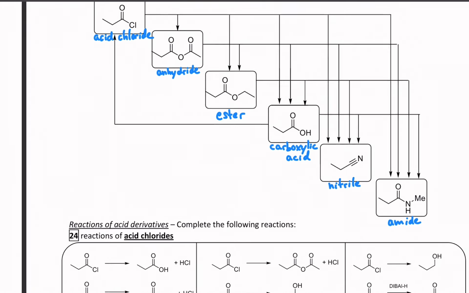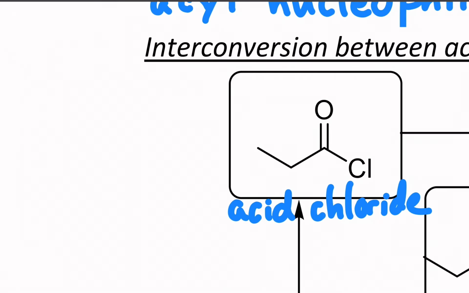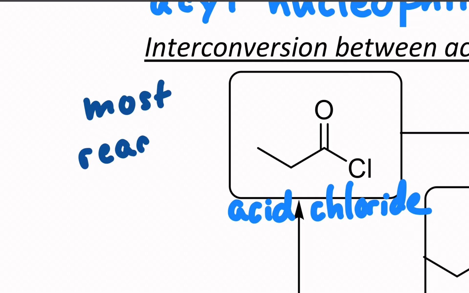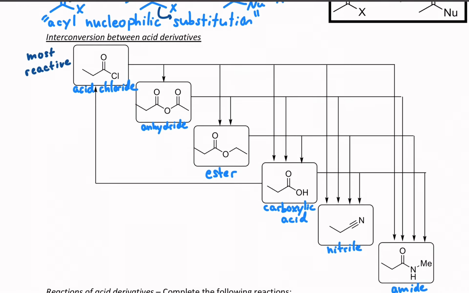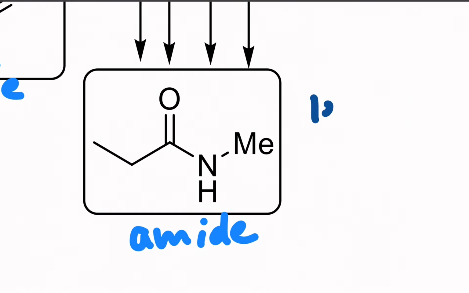So they're listed in this way to show two things. Number one, the fact that the most reactive one is all the way at the top. For the most part, acid chlorides are more reactive than any of these other derivatives. And among the more stable derivatives is all the way at the end, the amide. This is typically the least reactive.